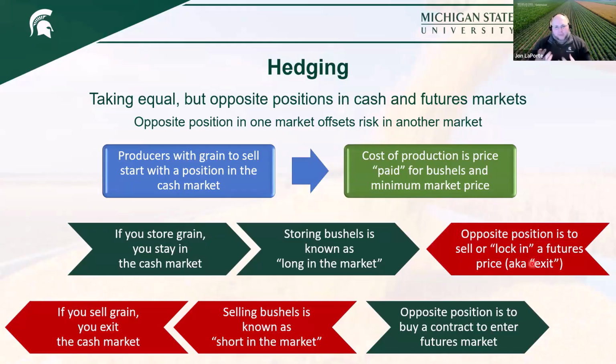And so that's where this gets a little confusing. You've got to have that mindset squared away in your mind, that understanding of buying versus selling bushels in futures. And then the rest of this starts to make sense, but it gets a little twisted up sometimes. I get a little twisted up trying to explain it.